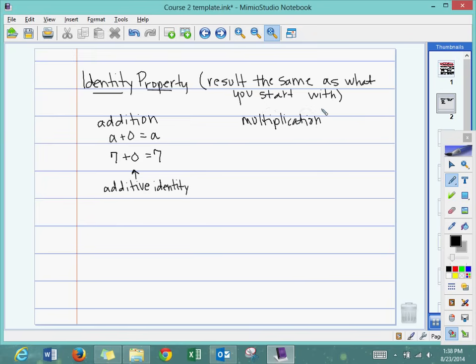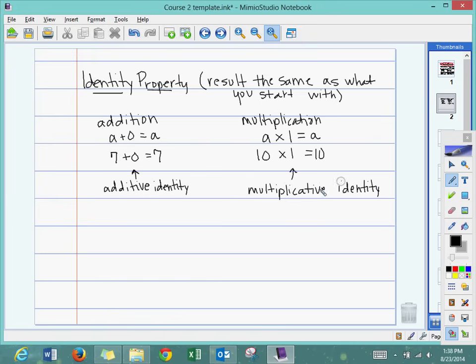Now if I do multiplication, perhaps you can think of what you can multiply any number by to get the original number back. The book will have the math language as A times 1 equals A, so we know we can multiply any number by 1 and get that number in return. 10 times 1 would equal 10, and the number 1 is the multiplicative identity.